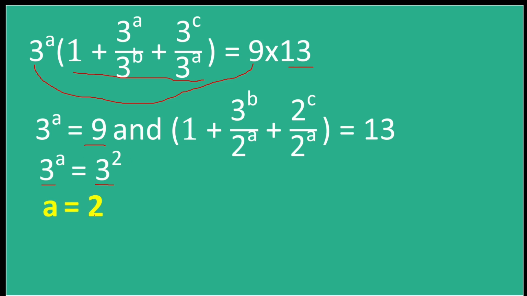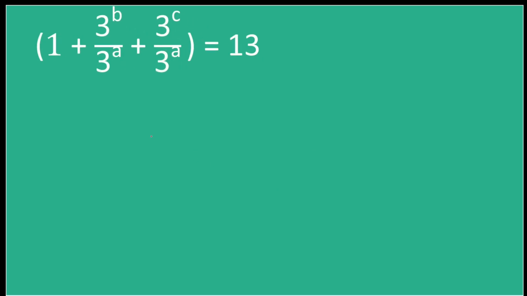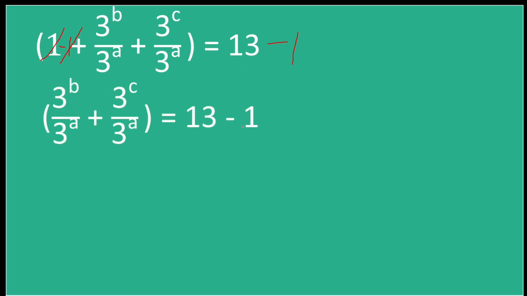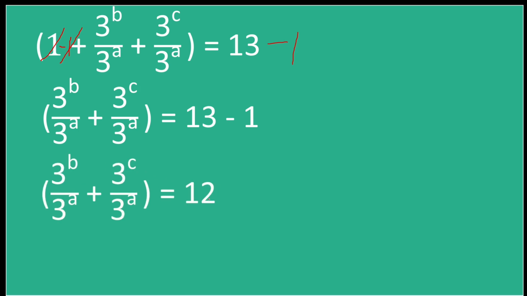Therefore a is equal to 2, and then we will solve this part of the equation. So here we will subtract 1 on both sides. This 1 will cancel this 1, and here this will become 13 minus 1, and 13 minus 1 equals 12.